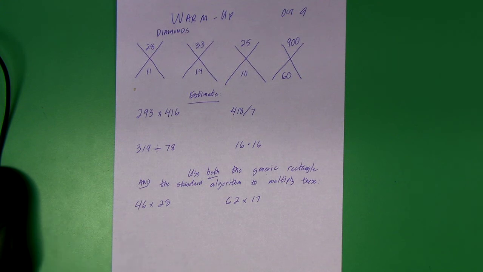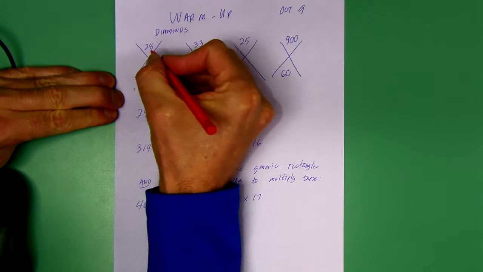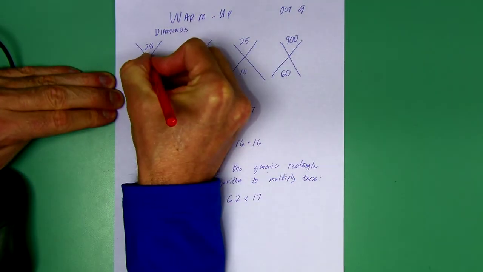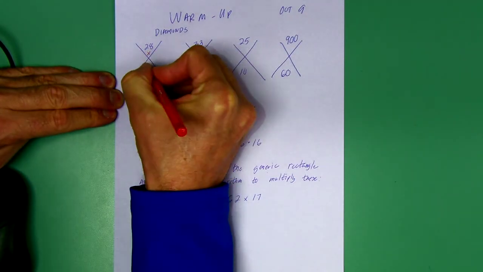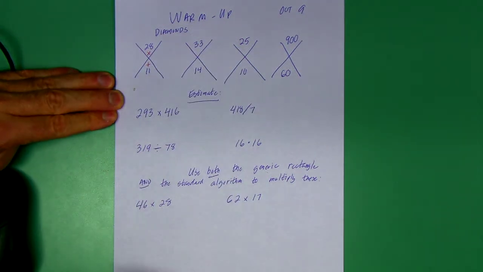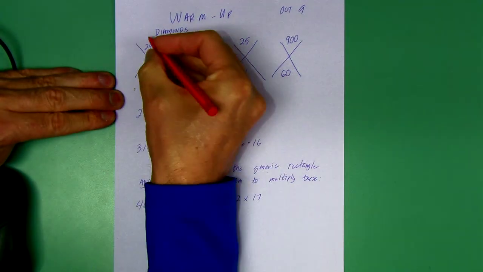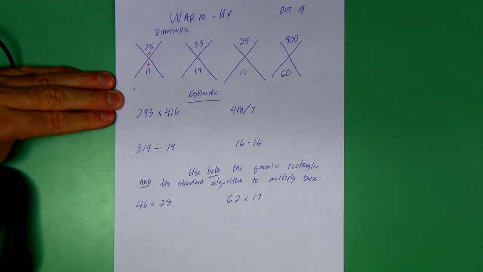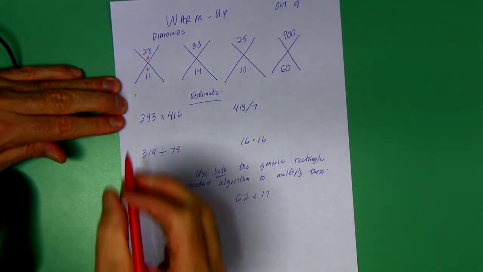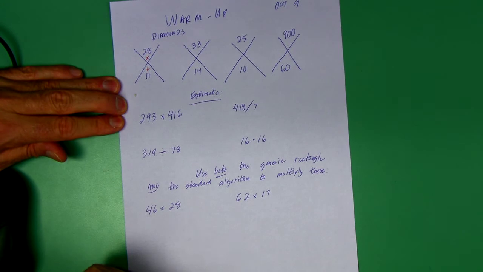All right, welcome back. Let's do this. First off, the diamonds. What do you put on the top underneath that 28 to remind you we're talking about multiplying on top and adding on the bottom? And what is the answer to a multiplication problem? If I were going to write a word up here to help remind me what that 28 is the answer to two numbers multiplied, what would it be?